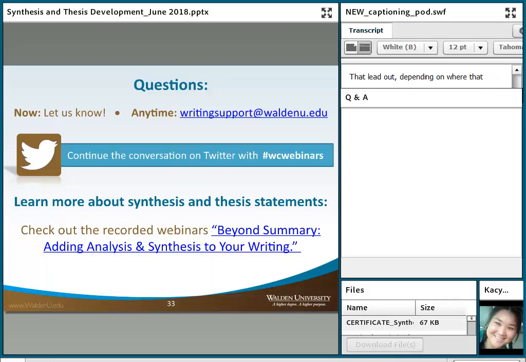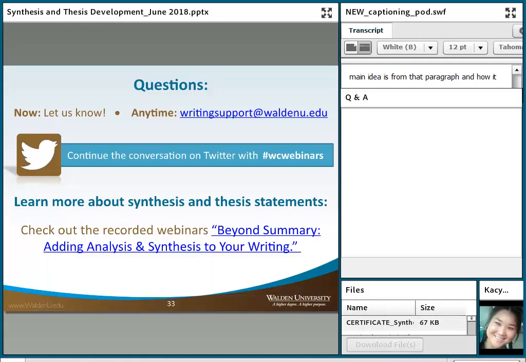And then the L stands for lead out, and I think you can look at that in a couple of different ways. Depending on where that paragraph is appearing in your paper, it's probably going to be what that main idea is from that paragraph and how it fits into whatever you're going to say next, that kind of transition statement.